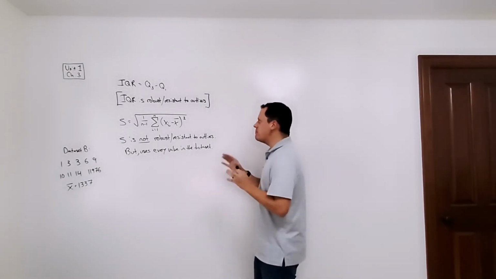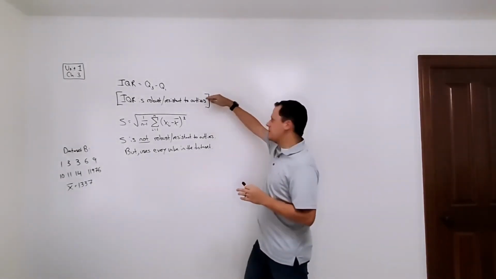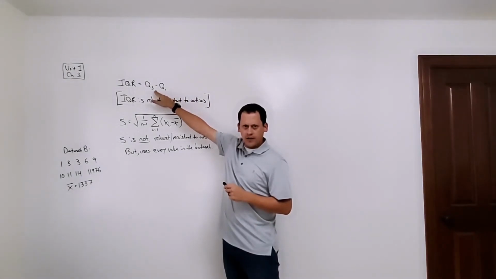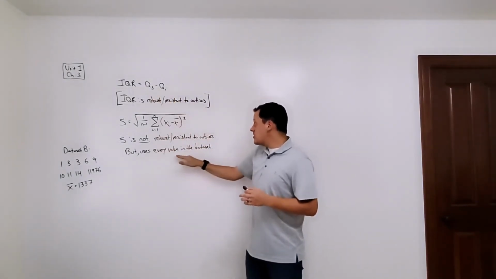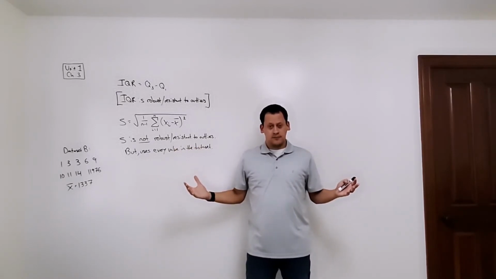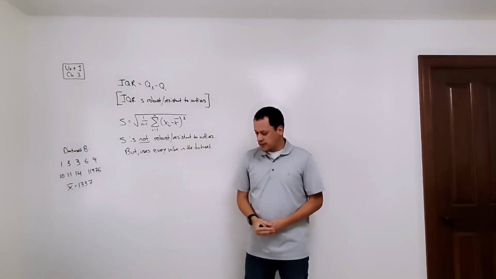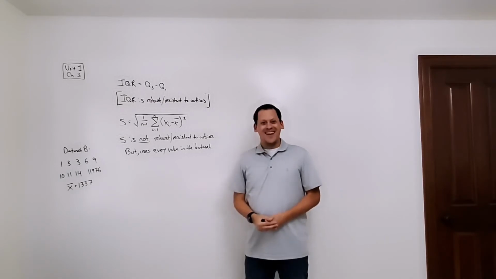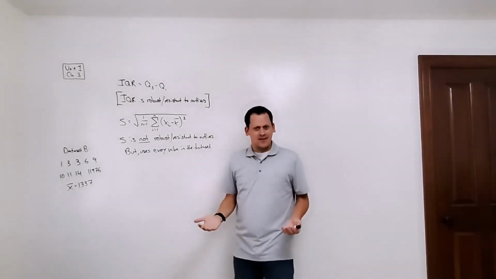We've got two different measures. One is robust and resistant, but doesn't use all the values. The other one uses all the values, but blows up if you've got outliers. Where did we have that argument before? Oh yeah, mean versus median, right?